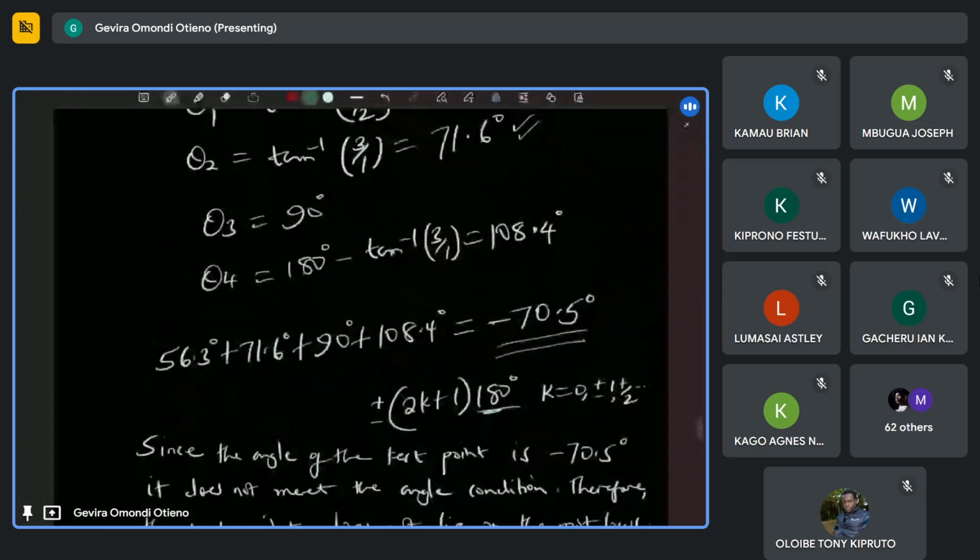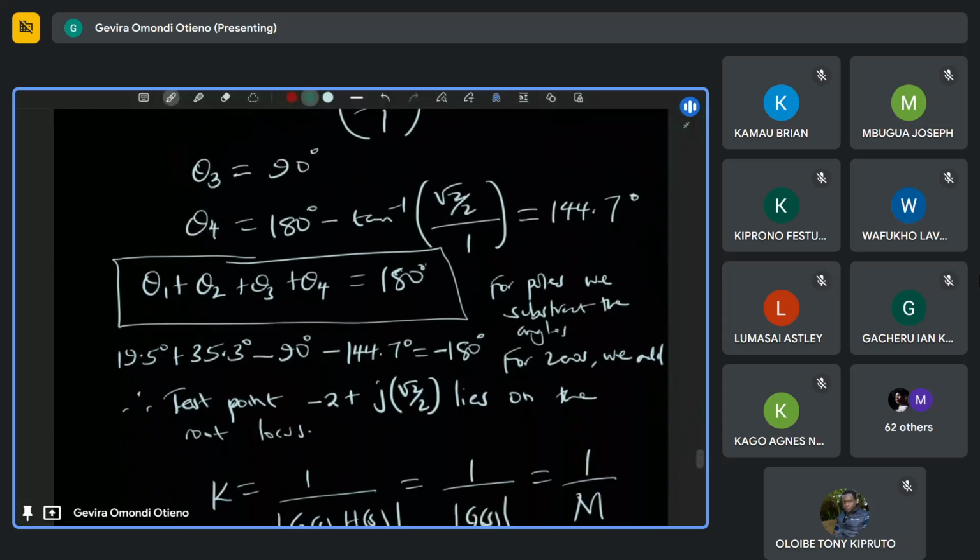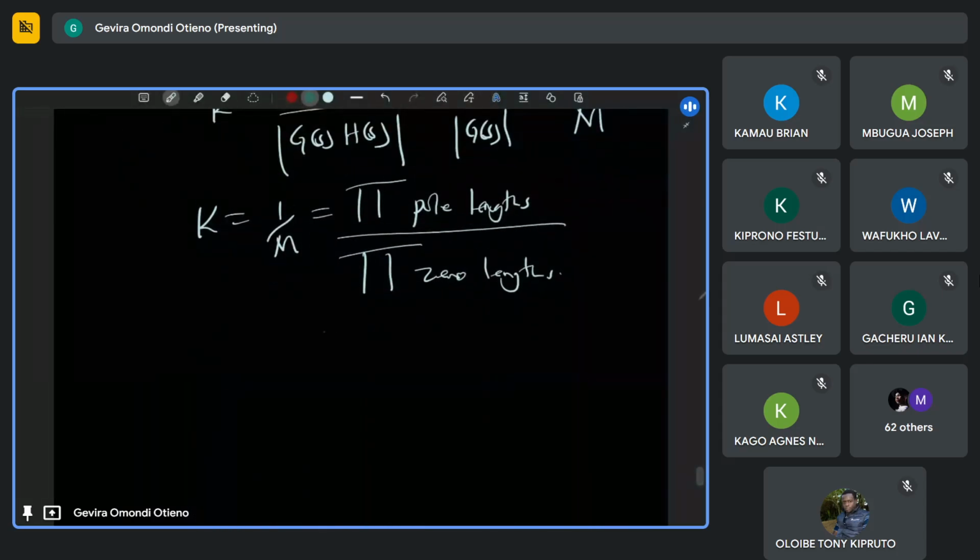The poles are L3 and L4, zeros are L1 and L2. So our gain is determined mathematically as K equals the product of L3 and L4, the product of the pole lengths, divided by the product of the zero lengths. Zero lengths are L1 and L2.